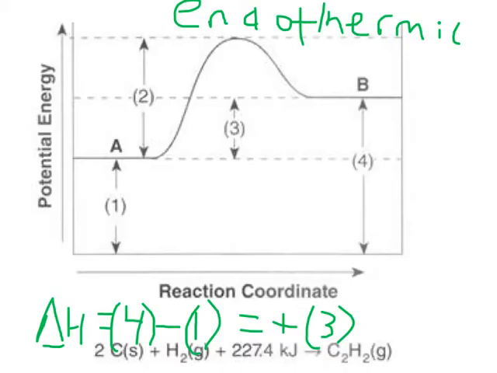Okay, so final minus initial to get the delta H of the reaction. And because we get a positive value, that means it's endothermic.